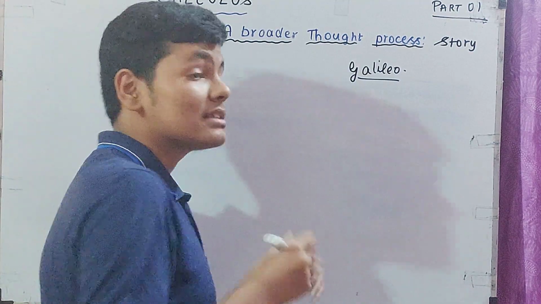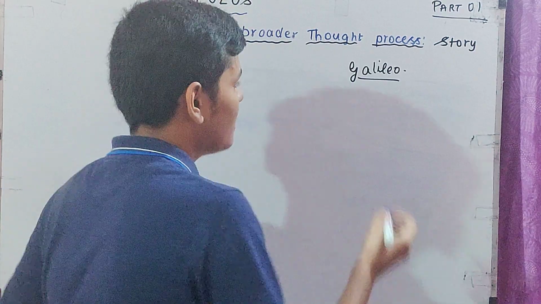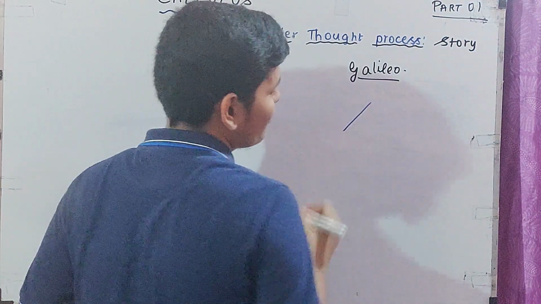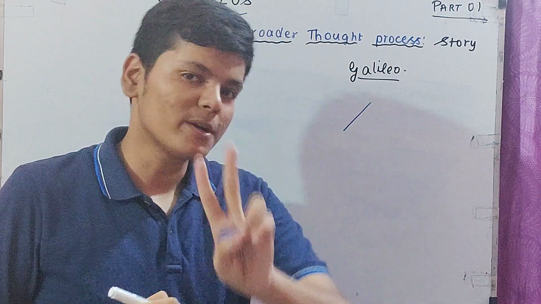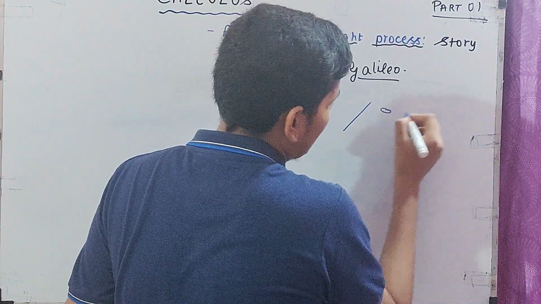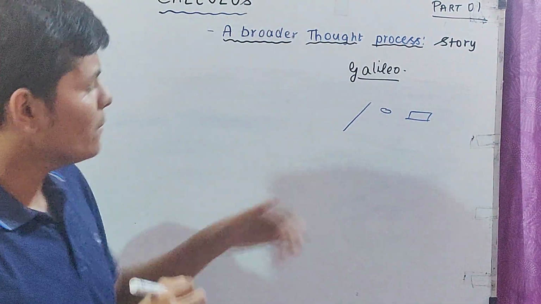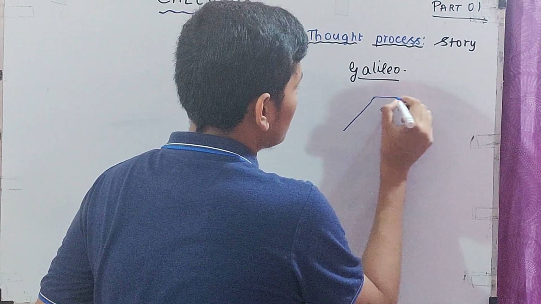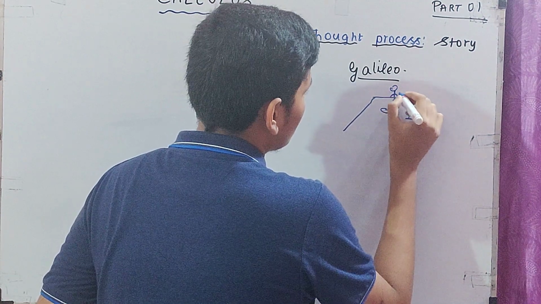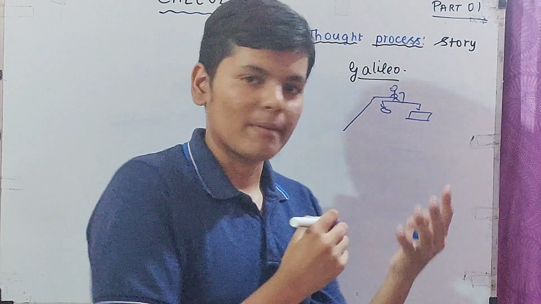A story goes, I'm not sure if it is true or not, that Galileo once went to the Leaning Tower of Pisa and there he dropped two items. Now let us take the two items to be a coin and a currency note. So Galileo drops the coin and a note from the same height.